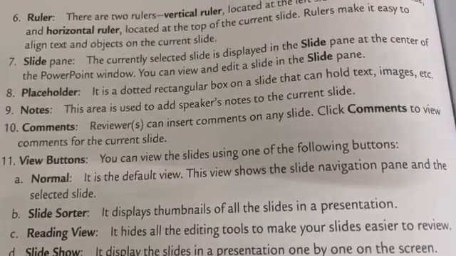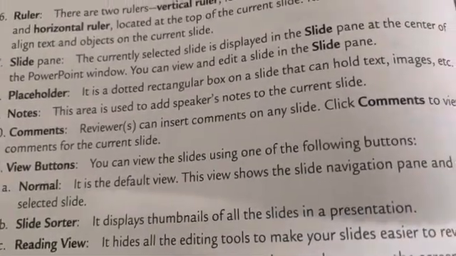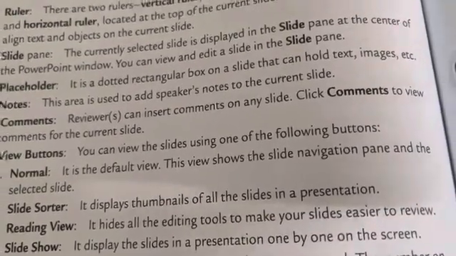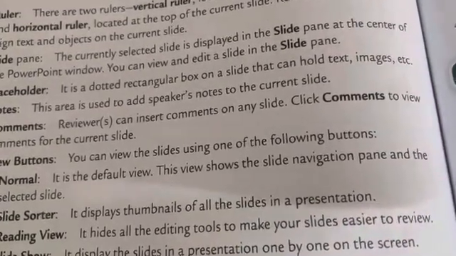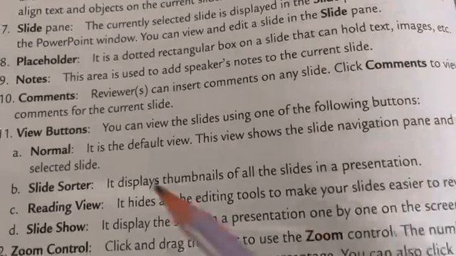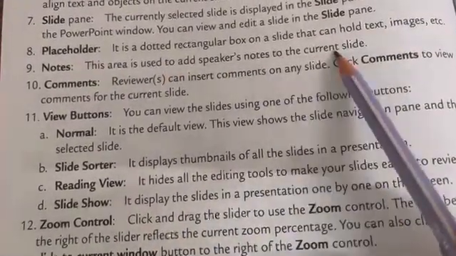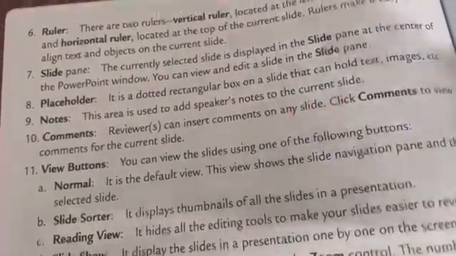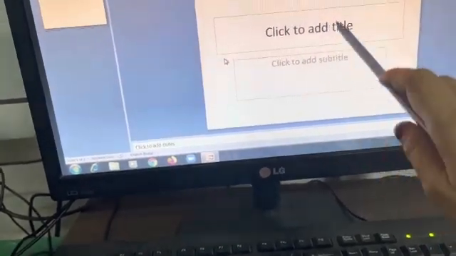It is a dotted रेक्टेंगुलर बॉक्स, किसी भी स्लाइड पे 2 रेक्टेंगुलर बॉक्स आपको ऑलरेडी दिखेंगे, जहाँ पे नॉर्मली लिखा होता है क्लिक टू ऐड टाइटल और क्लिक टू ऐड सब टाइटल, राइट। On that you can hold the text, image and etc. आप वहाँ पे कुछ भी डाल सकते हो, टेक्स्ट, इमेज और आपको जो भी डालना है। Notes, this area is used to add speaker's notes to the current slide. There is an area where you can add the notes. So here is the area where you can add notes, and these are the placeholders.